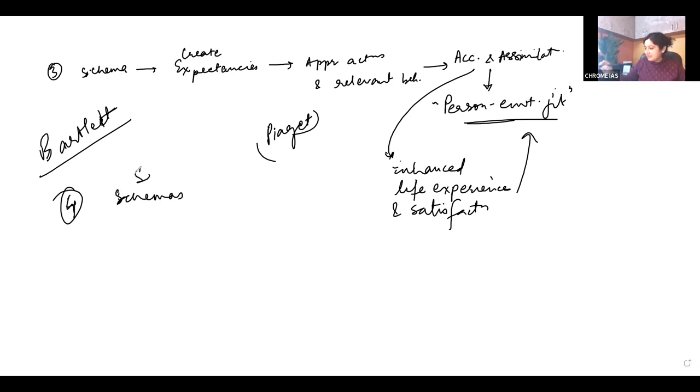or you can say self schema, leads to what? If you know that this is what I like, this is what I don't like, it means there is increased self-awareness. It will lead to increased self-awareness. If the awareness is high, so no or less role ambiguity.